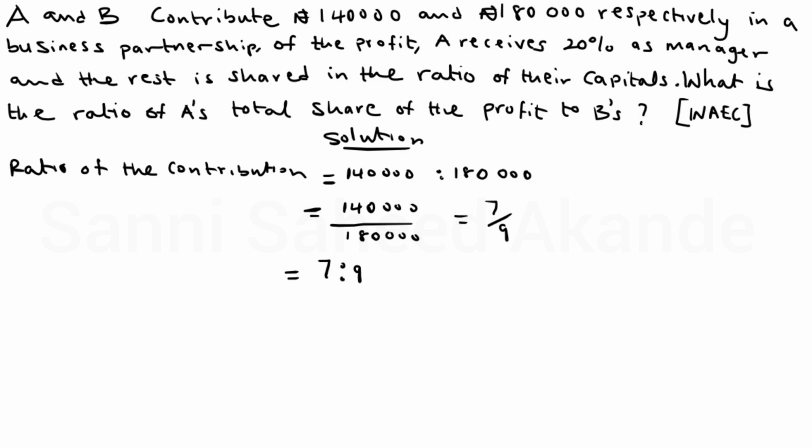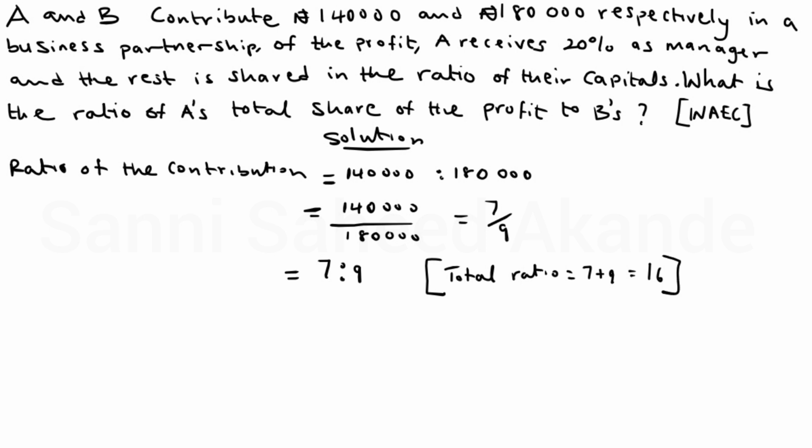At the same time, let's find their total ratio and keep it here. The total ratio will be equal to 7 plus 9, and that is equal to 16. Let's keep it here, we need it. Now the question says that A received 20% for managerial service.